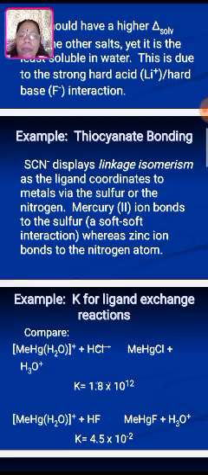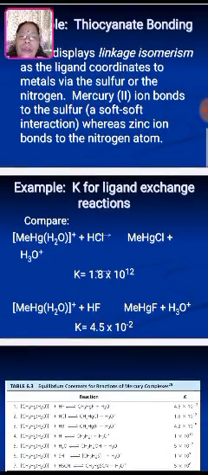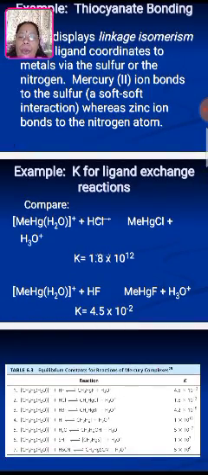For example, the exchange energy for the ligand is explained with the reaction shown for a methylmercury water molecule which reacts with hydrochloric acid.